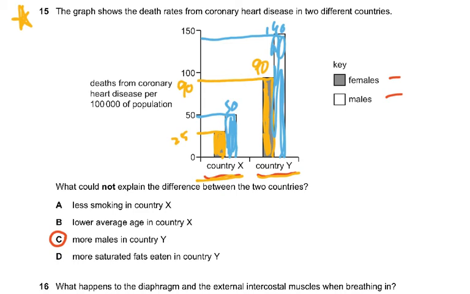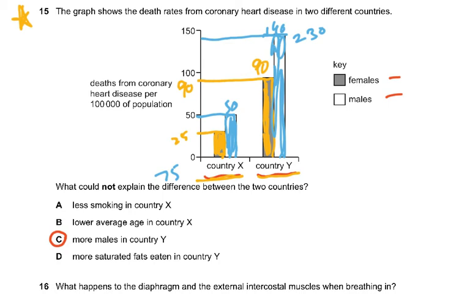If we say 140 plus 90 would be 230, and here it would be 50 and 25, so 75. So country X 75, country Y 230. So the males and the females both have more deaths in country Y from coronary heart disease per 100,000 of the population.